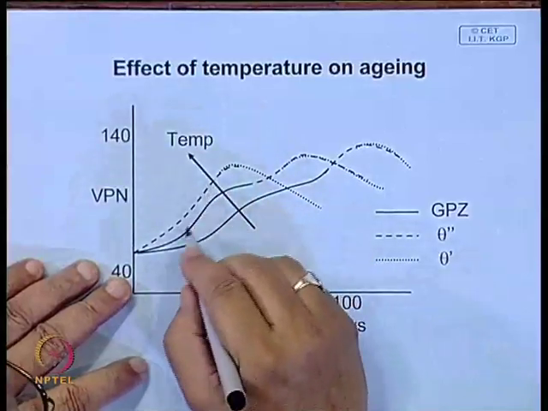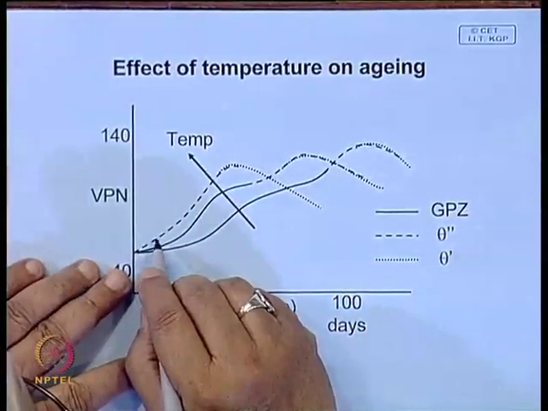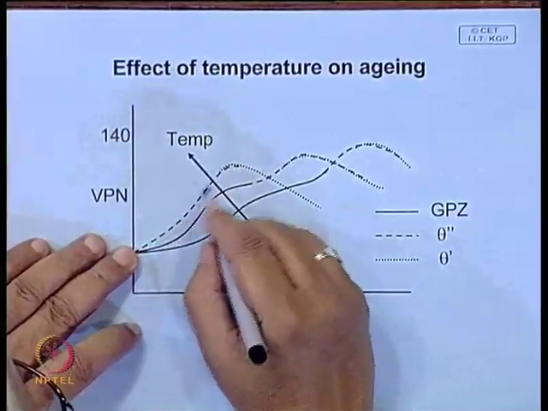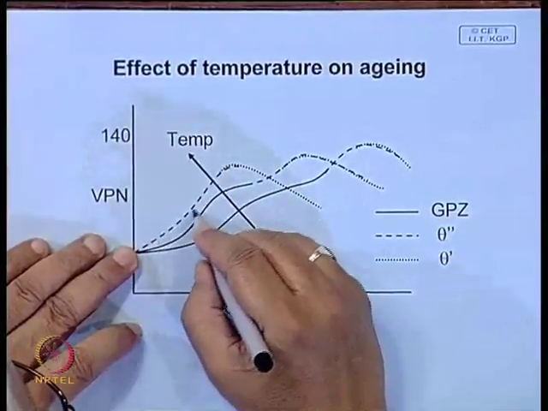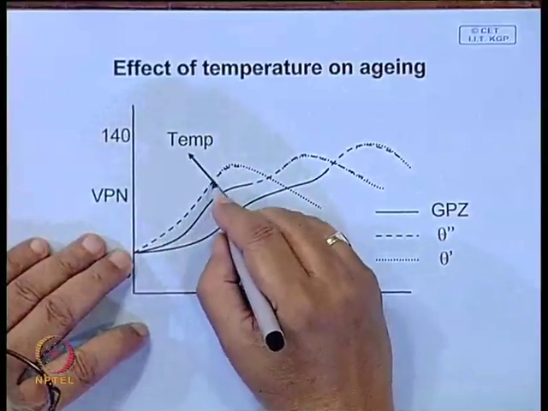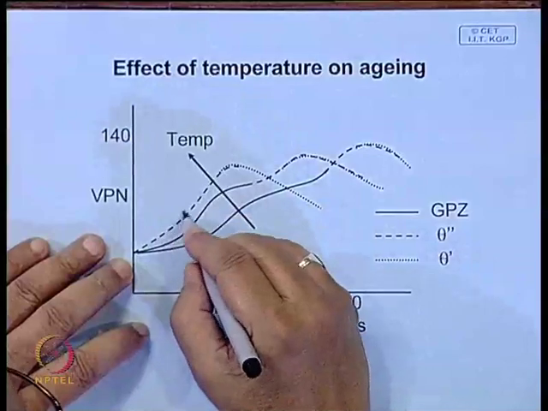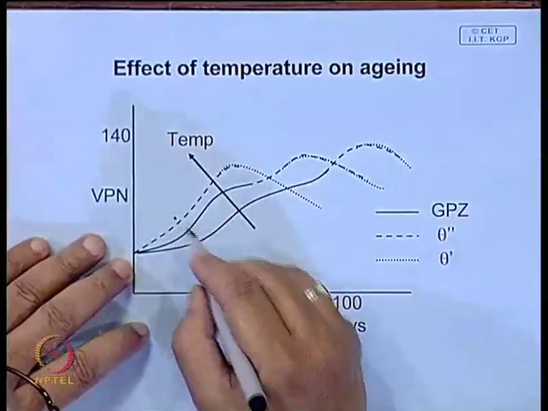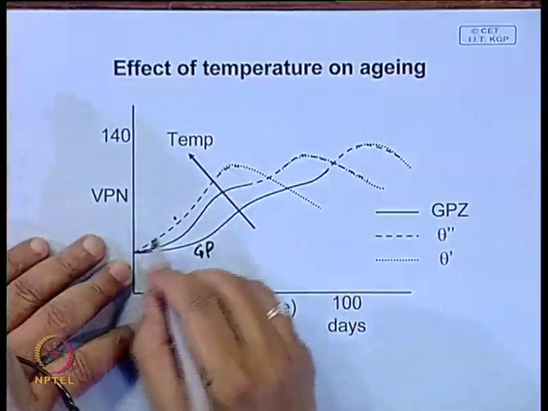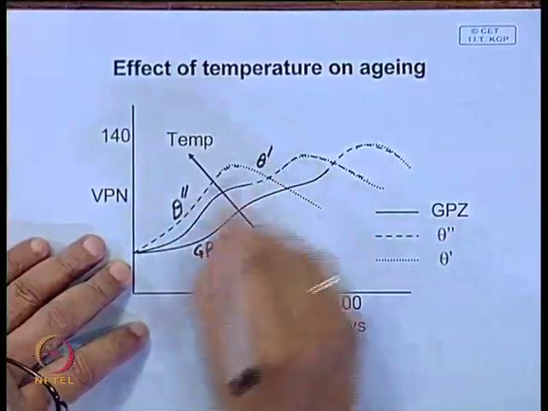So, if you age at a higher temperature, you have fewer precipitates. Suppose the highest temperature shown over here, then there is no chance of GP zone formation. GP zone formation takes place at a lower temperature. This temperature is higher than the GP zone solvus. So, here you do not see GP zone, whereas here you have GP zone. Here you will have theta double prime, then theta prime.